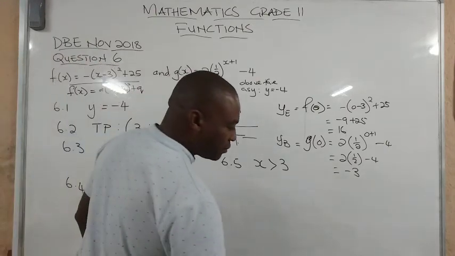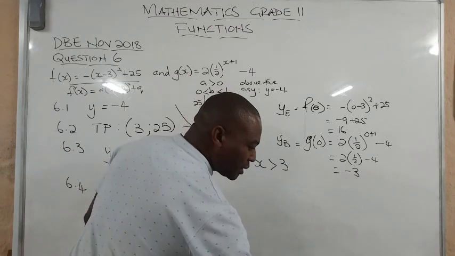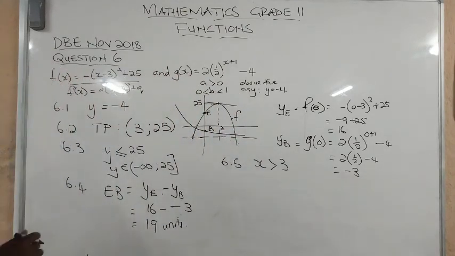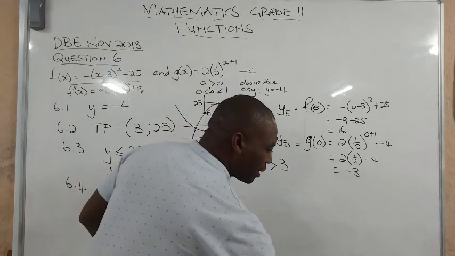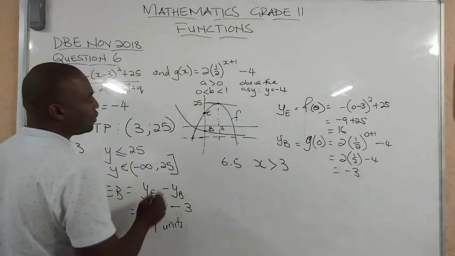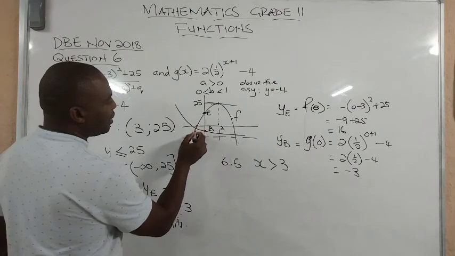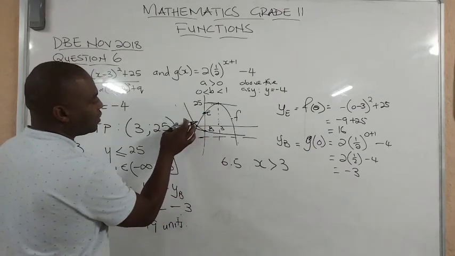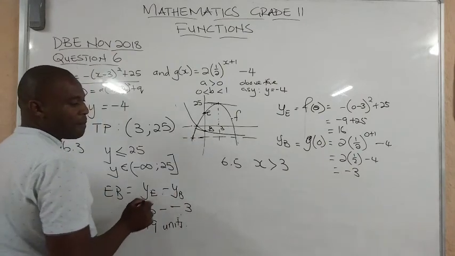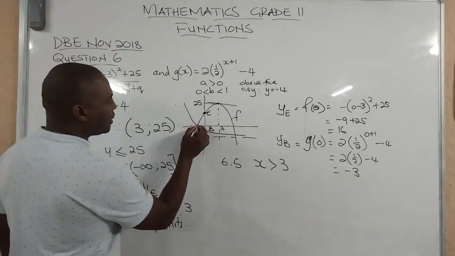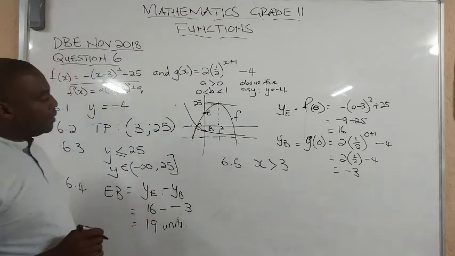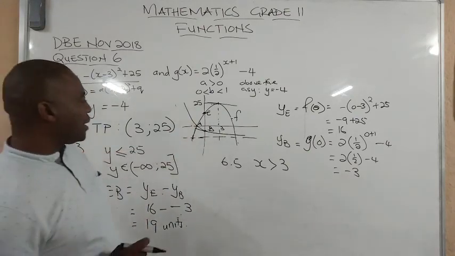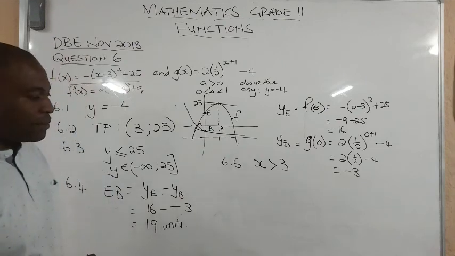Now 6.6, calculate the average gradient between A and B. If we check our graph, we will notice that A is this point where the two graphs intersect, and it's also the x-intercept of both graphs.